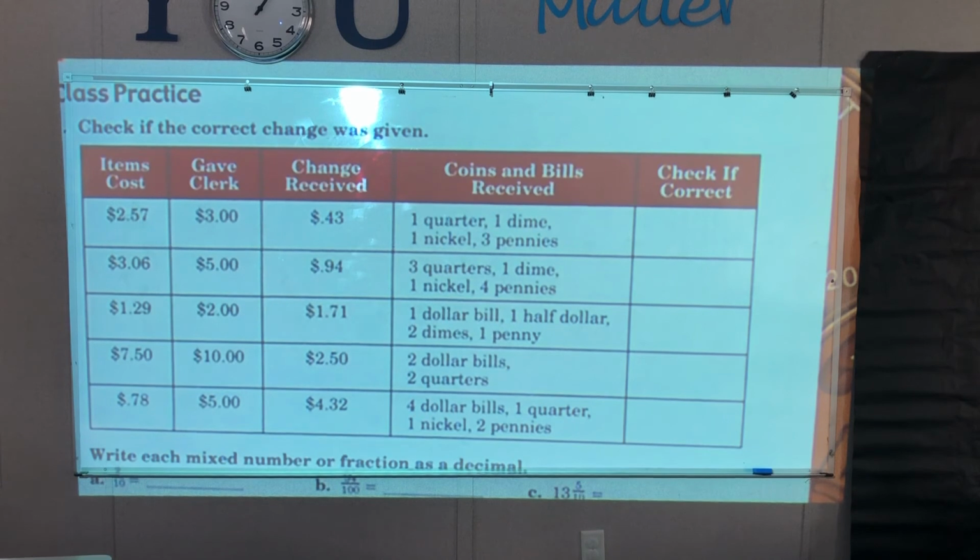A dime would make it $3.25. Now, 3 quarters would make it $4. Well, what happened? You needed to get to $5 that you gave the clerk. So you cannot check that box because you gave the clerk $5, not $4.